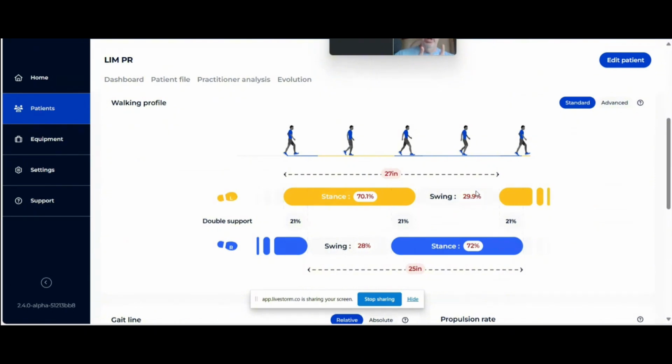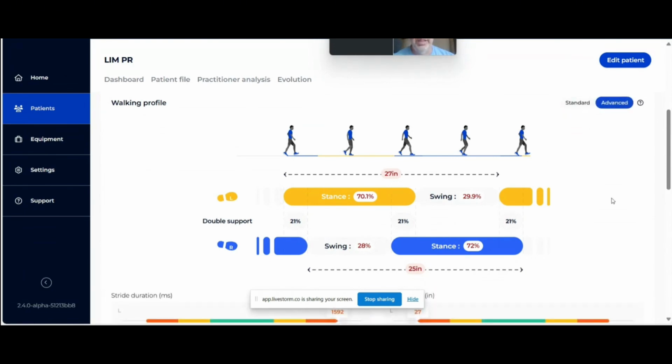But it's not just that, right? Because theoretically, if this person had a slightly higher cadence, they might actually have a normal percentage with regards to that particular walking profile, right? And so that's why it's still important to take this into consideration. And what we can do is click on the advanced.